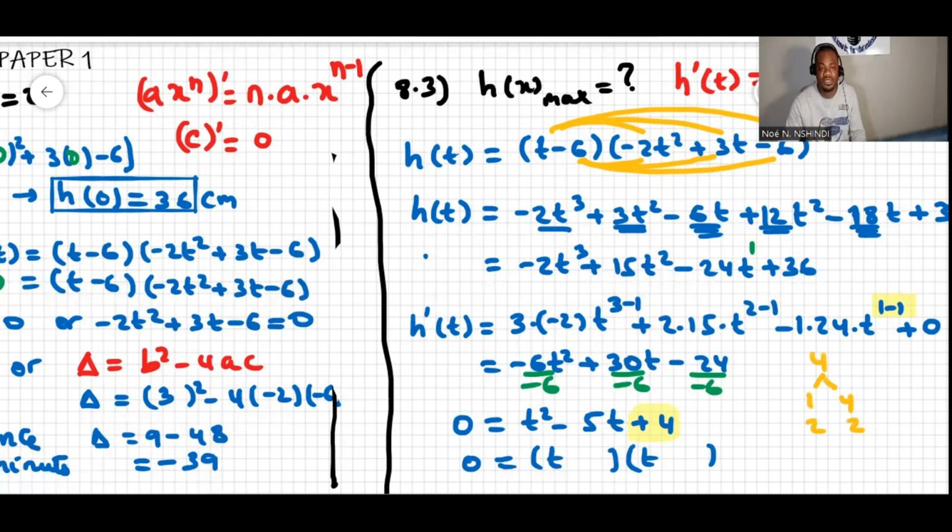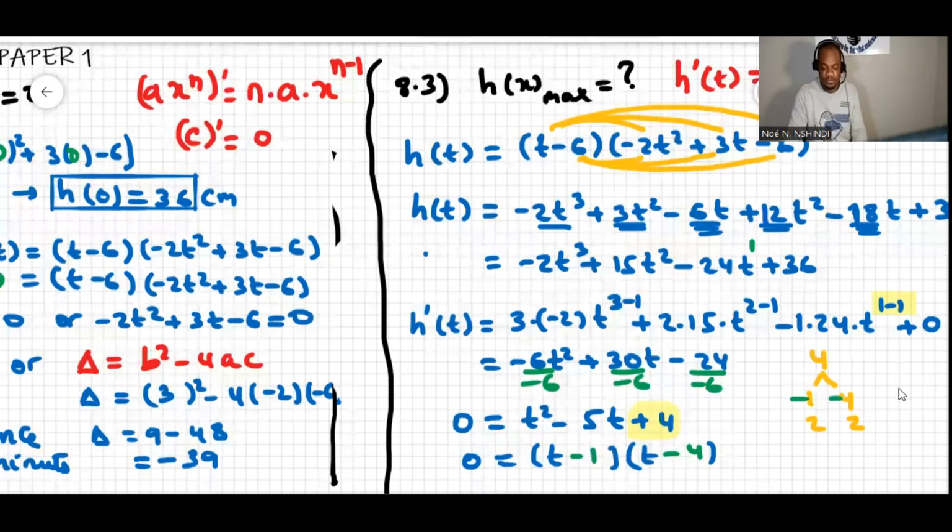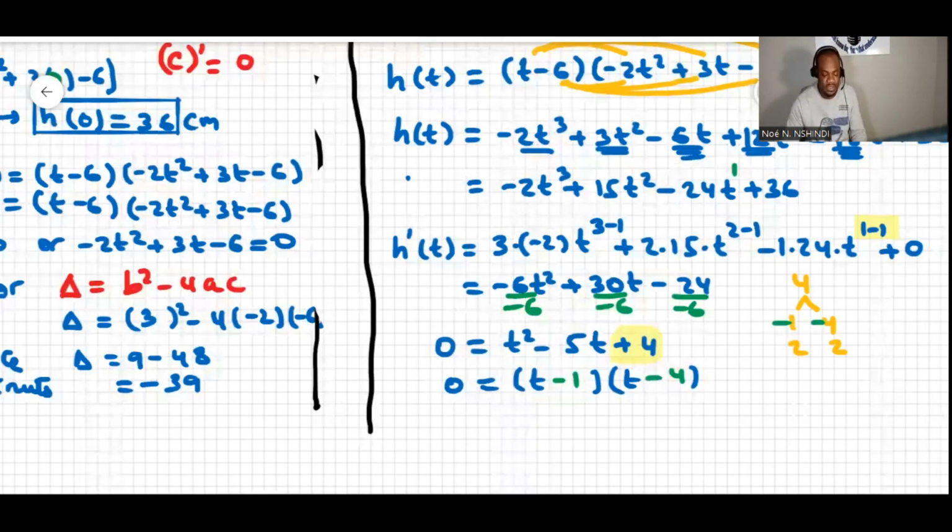So if I need to get negative 5, it's only with 1 and 4, if it was negative 1 and negative 4, so placing negative 1 here and negative 4 there. This means that t will be equal to 1 or t equal to 4.